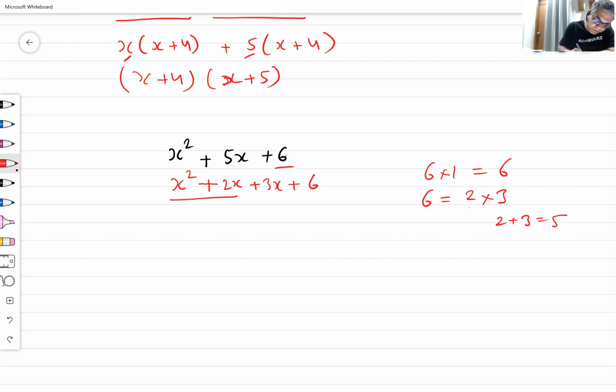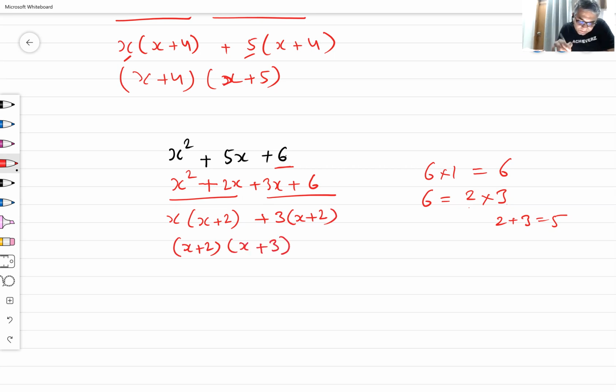From the first two terms, I take x common, so I get x plus 2. From the last two terms, I take 3 common, so I get this. So this is the answer which you all have already got.